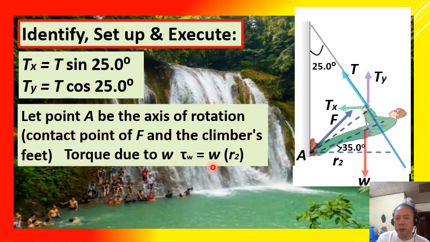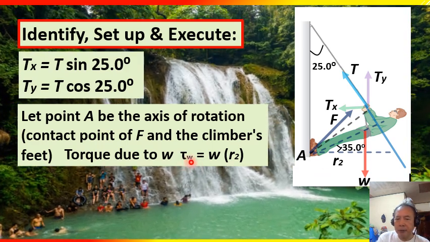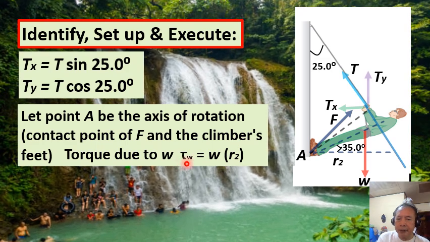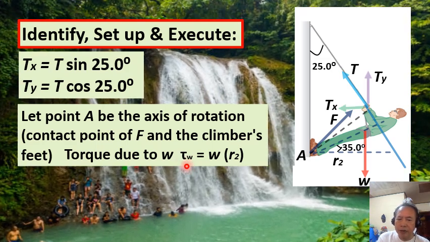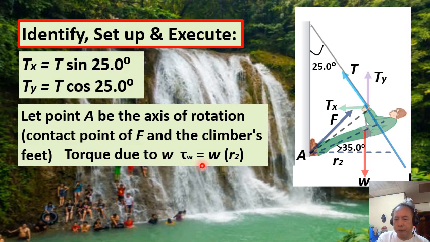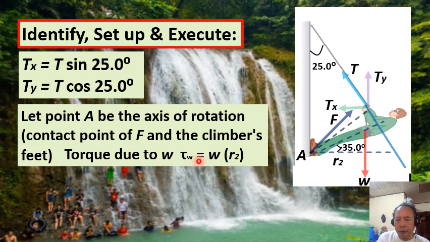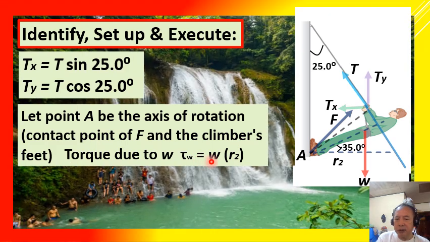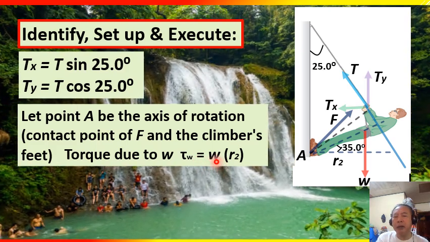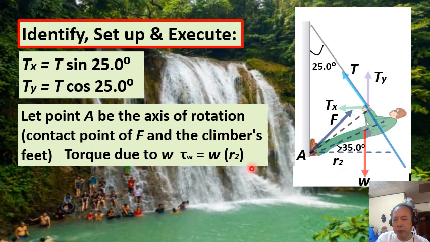the torque produced by the weight, denoted by the Greek letter tau and subscript W, as in torque due to the force W, right? It is just equal to the magnitude of the weight and R sub 2, all right?